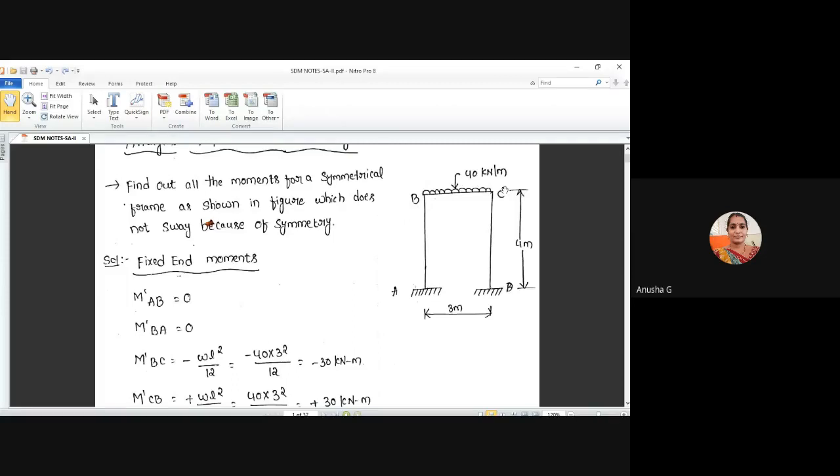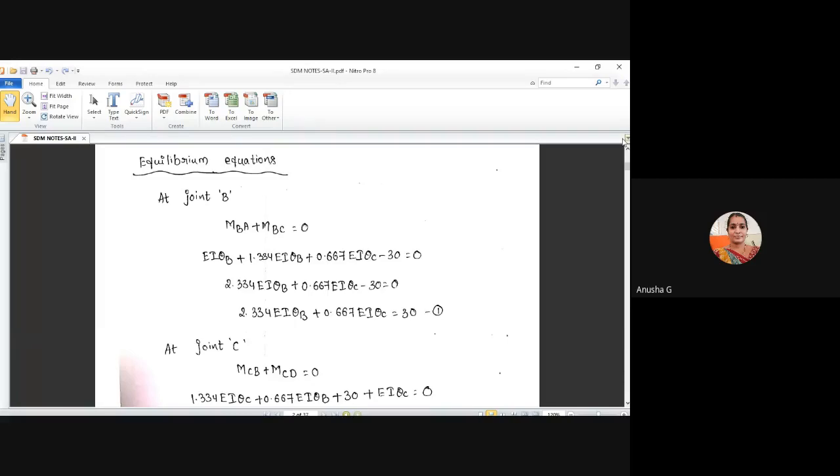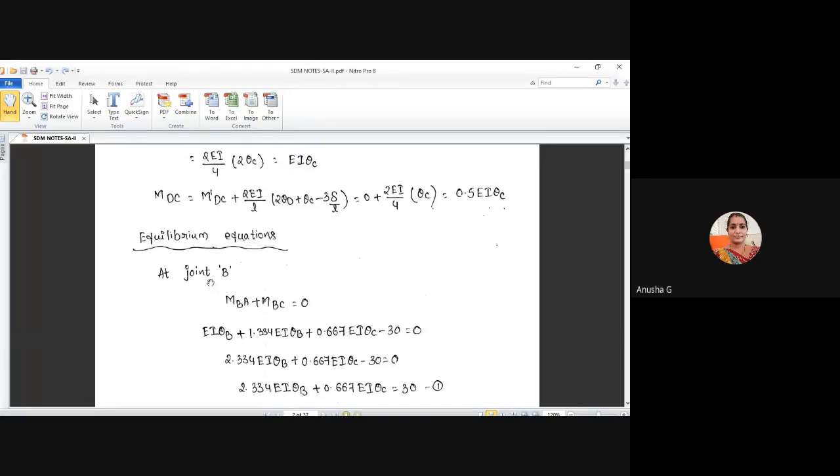Another one is at C, one more equation, MCB and MCD. So at joint B, MBA plus MBC equals 0. Another condition is at joint C, MCB plus MCD equals 0. These are the two conditions we will take here.